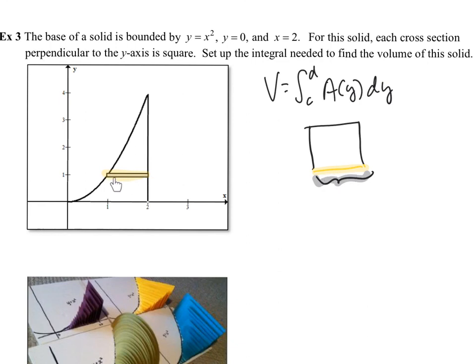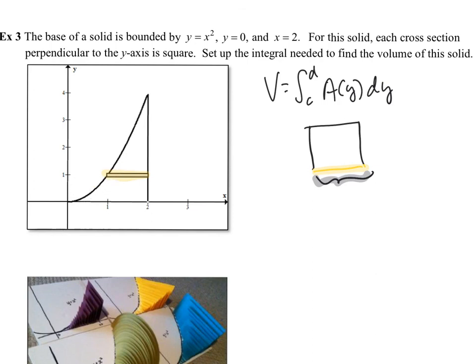So since it is parallel to the x-axis or perpendicular to the y-axis, to find this length, we need to take a right minus a left, a right function minus the left function. So that would be, this function, remember, was 2, and this function, now, we've got to stop for a second here. We were given y equals x squared, but I need to define this function as a function of y.